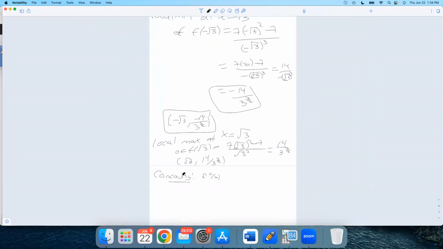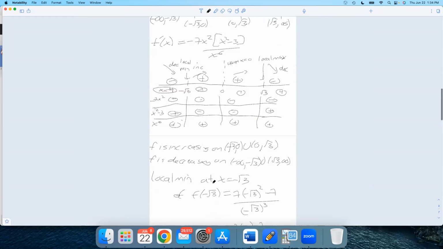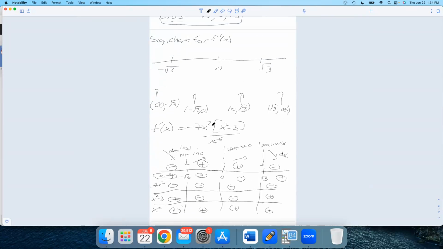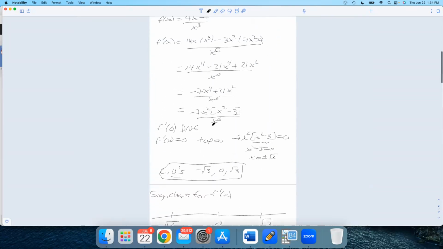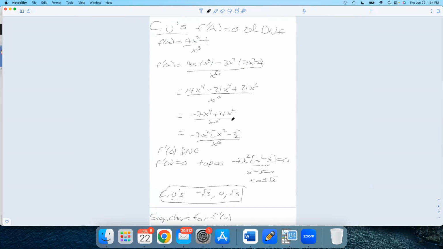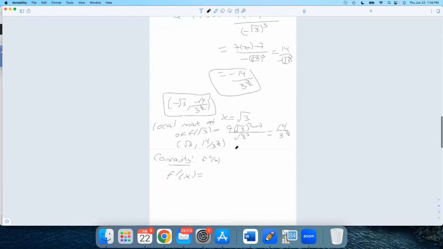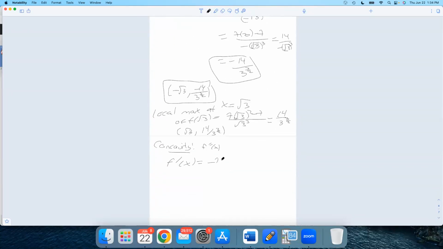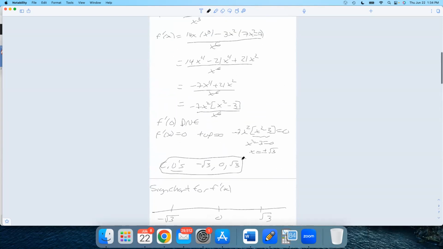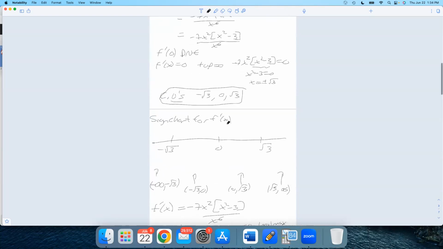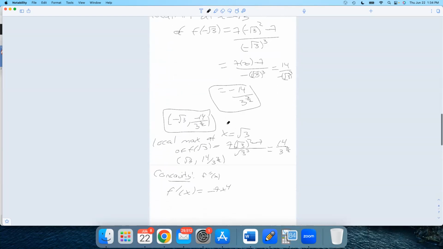Okay, so let's rewrite our first derivative. It was, I'm going to leave it in its unfactored form right there, negative 7x to the 4th, I don't remember what it was, plus 21x squared over x to the 6th.